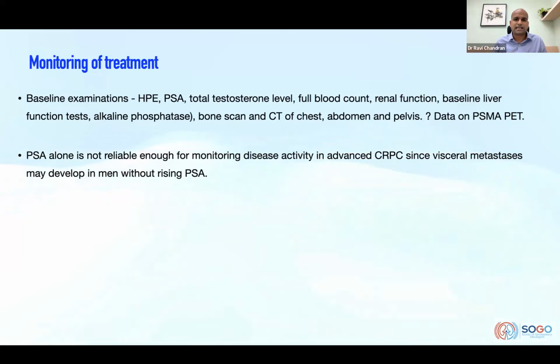Keep getting bone scans and CT scans if there is any symptomatic progression or PSA failure. Though there is no data on the role of PSMA PET-CT in monitoring in mainstream guidelines, in India we've been using it liberally. And one more thing is PSA alone is not a reliable enough monitor of disease activity, especially in advanced CRPC, because visceral metastatic patients may not really show rising PSA.